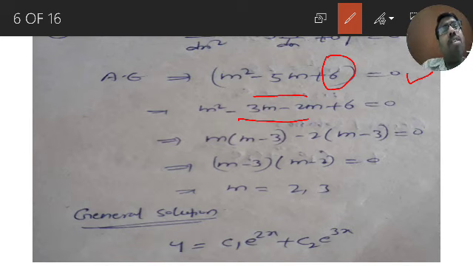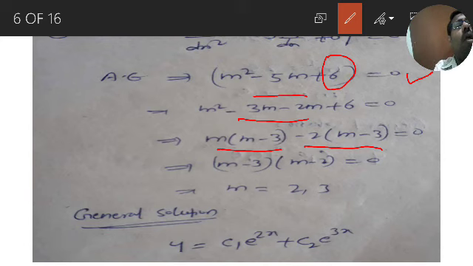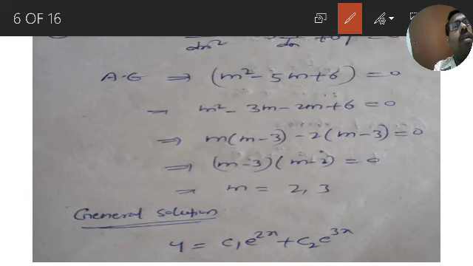So m squared minus 3m minus 2m plus 6 is equal to 0. Are you getting? From the first two terms, take m common: m into m minus 3. From the next two terms, take minus 2 common: minus 2 into m minus 3.